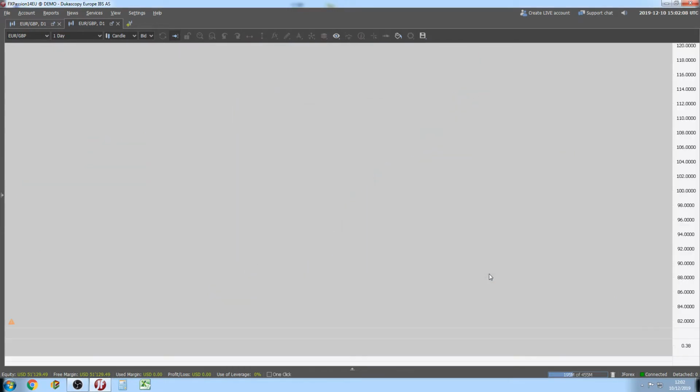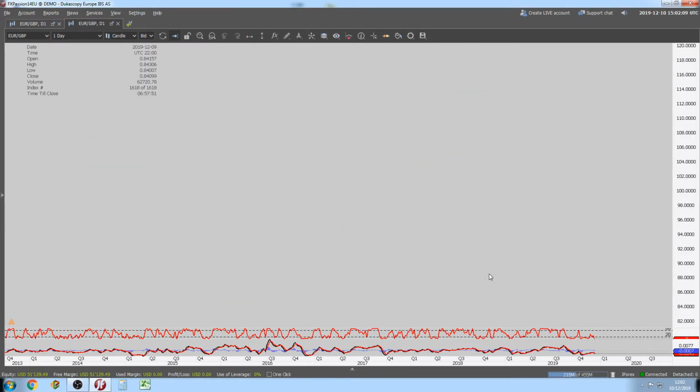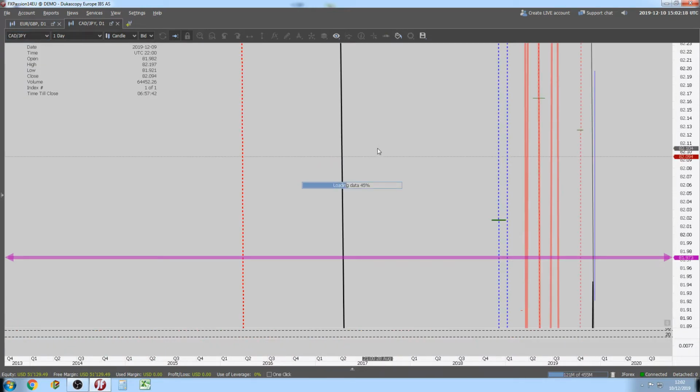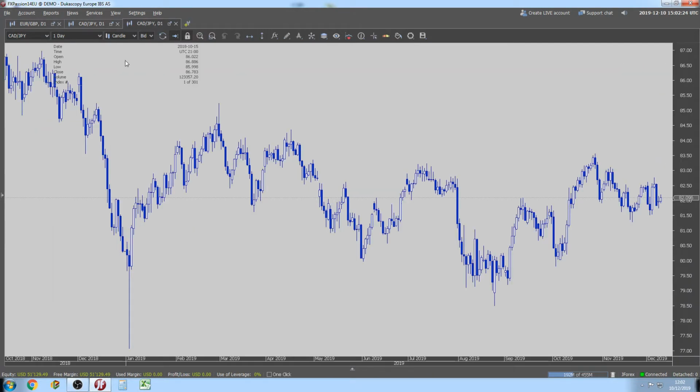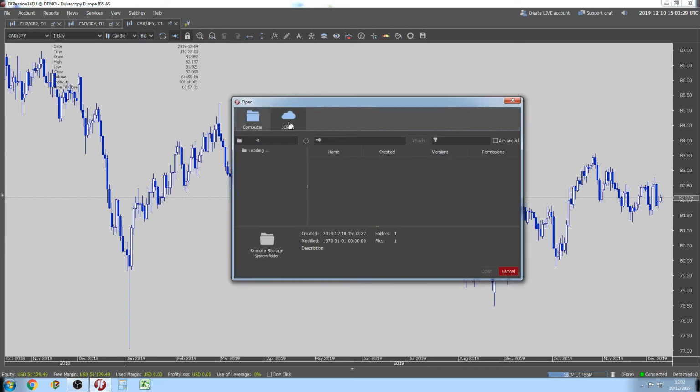So we talked about crowns and crown reversals, and we talked about indicators and CAD/JPY. If you want to trade with the indicators, I'm going to open CAD/JPY, let me see if I have the 4-hour chart or the 2-hour chart.